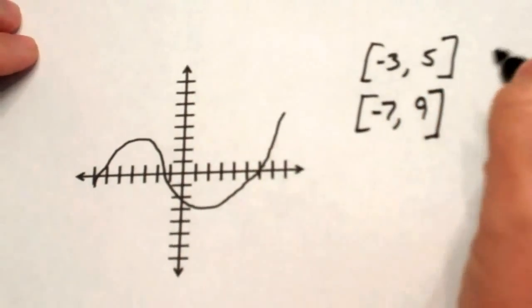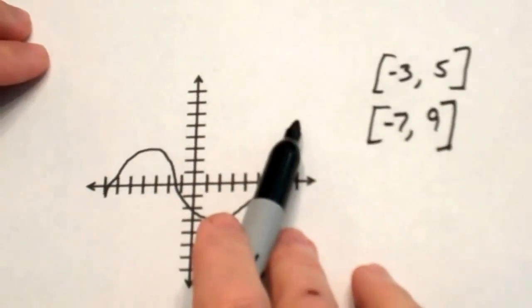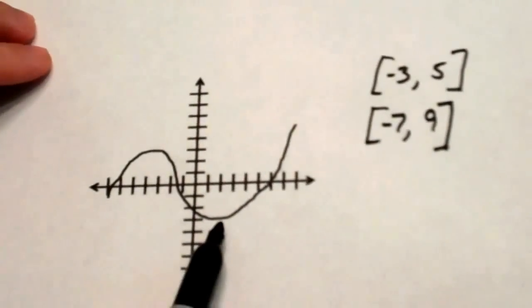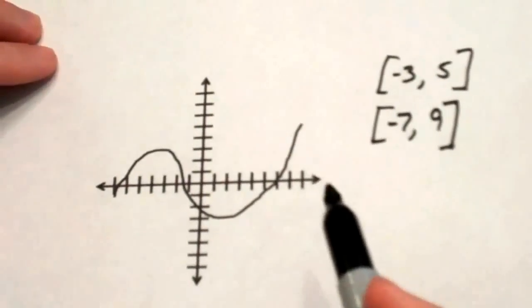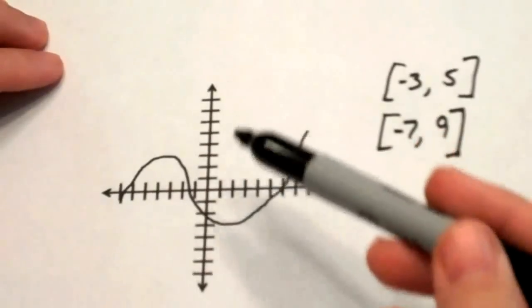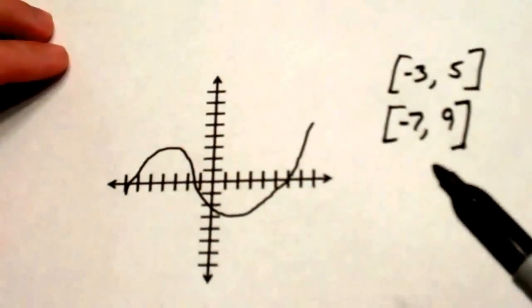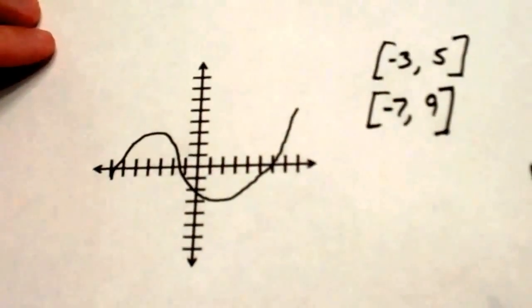The maximum value that this particular graph reaches is +5, of course, and the minimum that it would reach would be -3. The maximum and minimum on these functions is always determined to be the highest and lowest y value specifically.